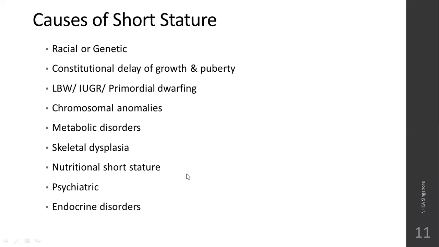Endocrine disorders like hypopituitarism, where the pituitary gland is underfunctioning or not able to function properly, not producing hormones properly. Hypothyroidism, when the thyroid gland is not able to produce thyroid hormones properly, that leads to endocrine disorders and short stature.